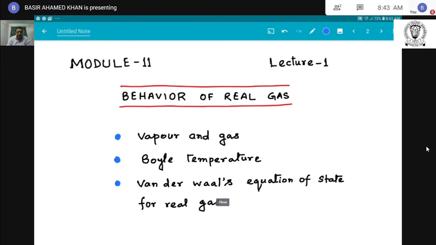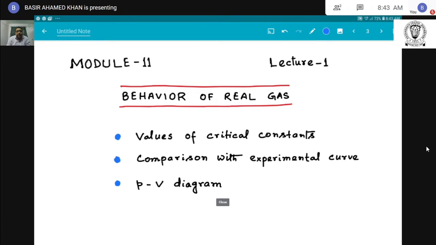Next, about vapor and gas, then boil temperature, Van der Waals equation of state for real gas, then values of critical constants, comparison with experimental curve, and lastly PV diagram.